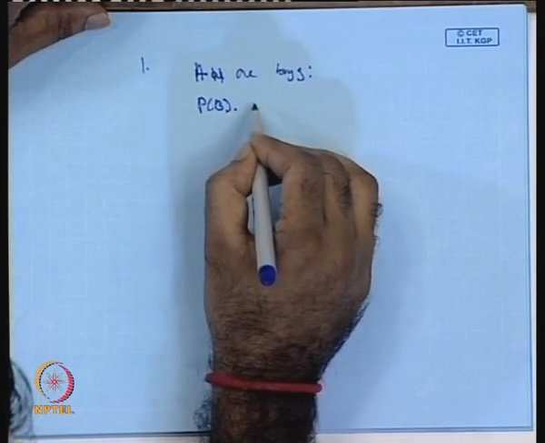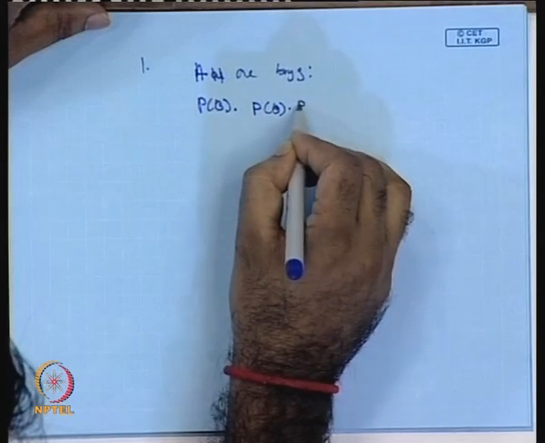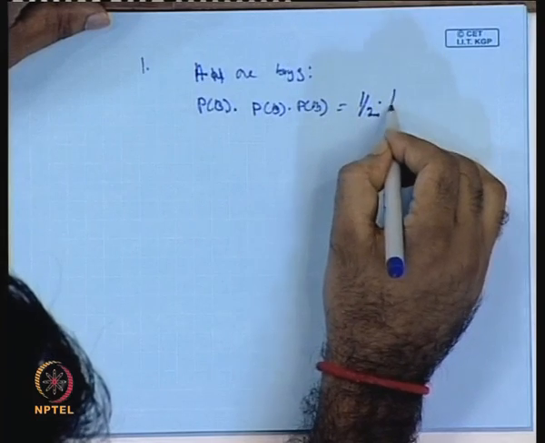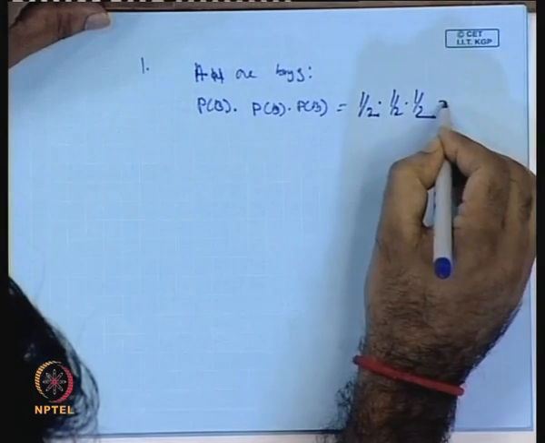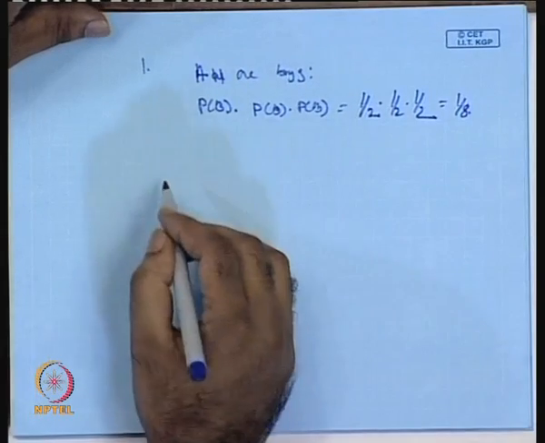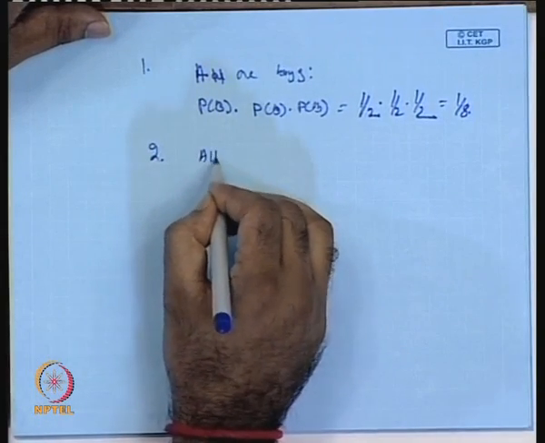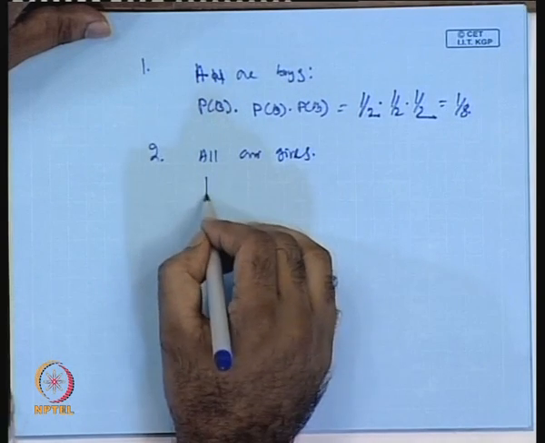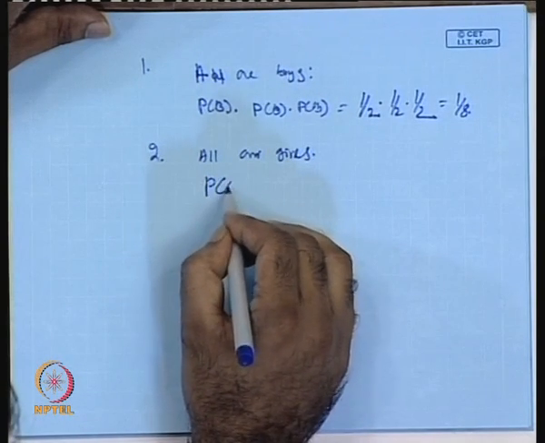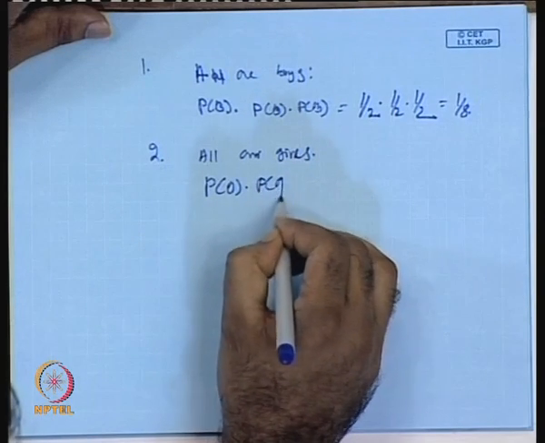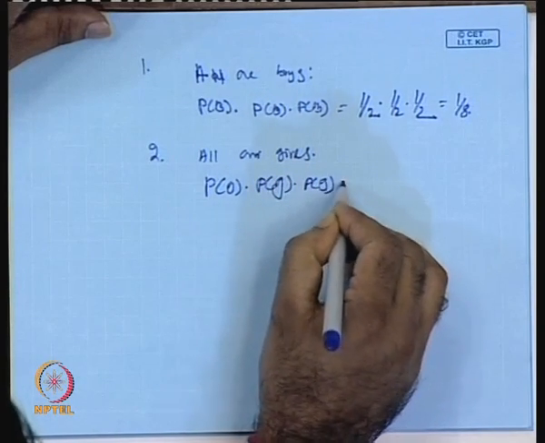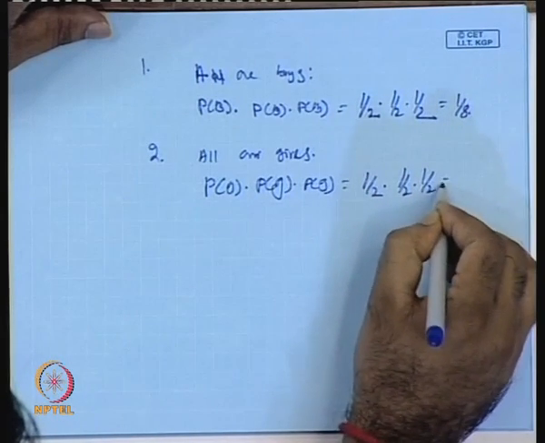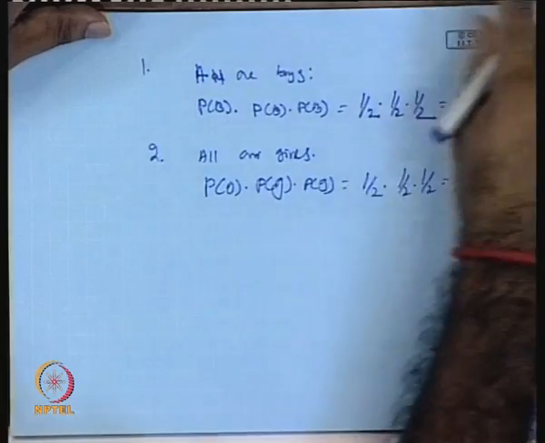So, P(B) into P(B) into P(B). Obviously, the total will be 1 by 2 into 1 by 2 into 1 by 2, so this is 1 by 8. Now let us take another case, all are girls. Then probability of G into probability of G into probability of G is again 1 by 2, 1 by 2, 1 by 2, equal to 1 by 8. Okay.